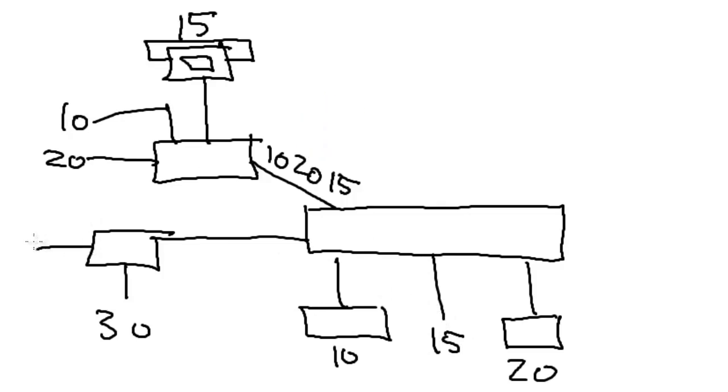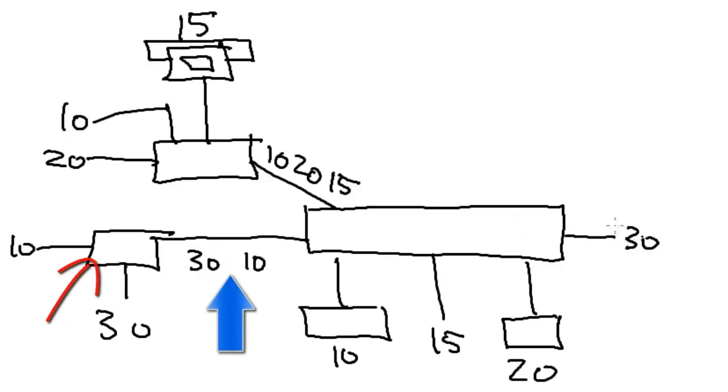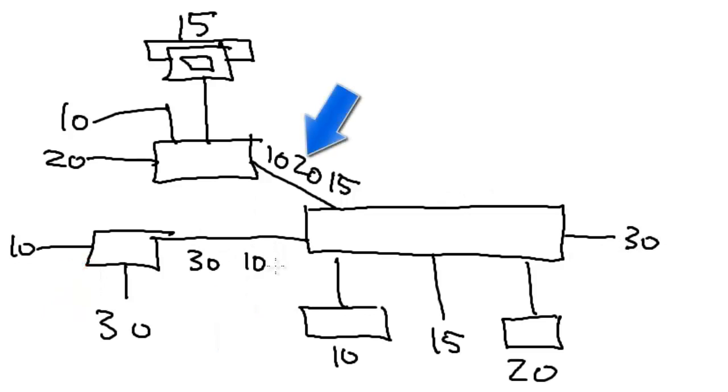So as you can see on the trunk links that we're configuring, we configure only the VLANs that are needed to be allowed over a trunk link. So on this example with this switch, we just need 10 and 30 to traverse that trunk link. Between these other two switches, we just need VLANs 10 and 20 and 15 to traverse the other trunk link.